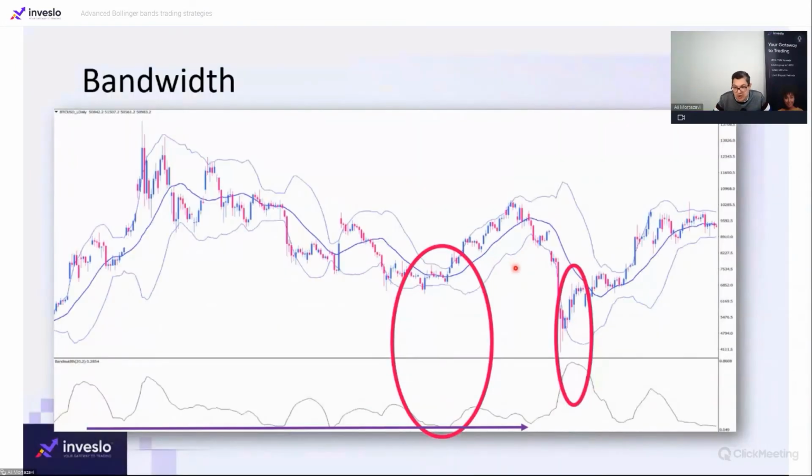And here we can find another example. This can be considered as a W pattern, but no, because the oscillator here doesn't confirm it for us. I hope it's been clear to you guys.